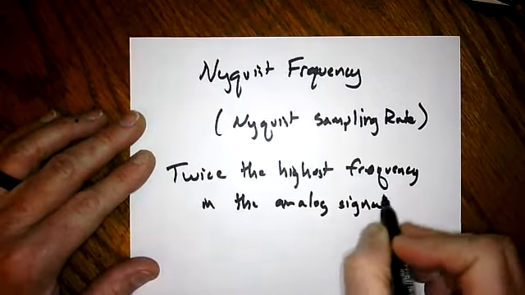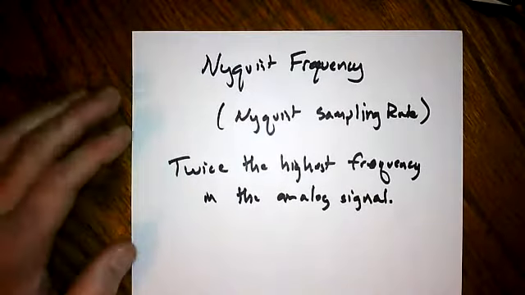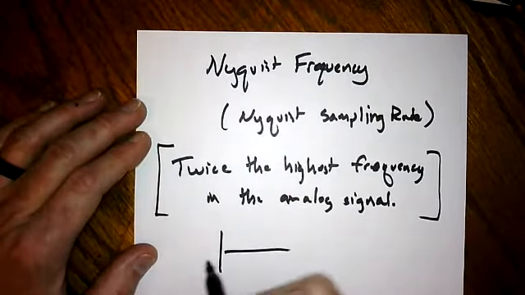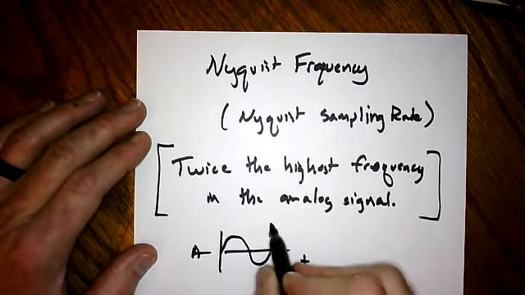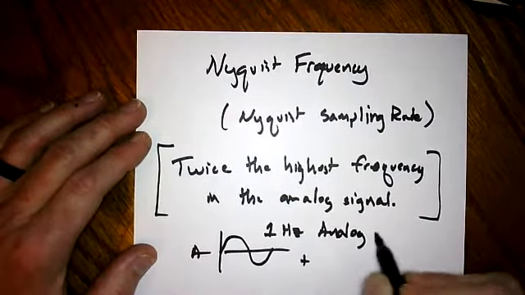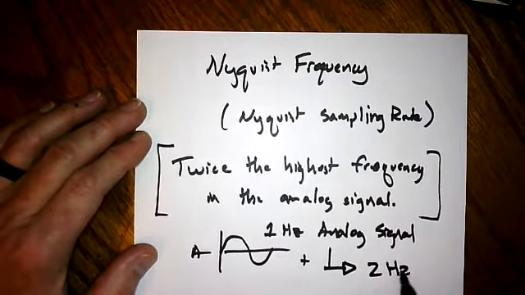Okay, now my brain is also thinking ahead and I need to explain what that means. But right now we've got a continuous time function of 1 hertz. That's the one we're working with right now. The Nyquist frequency would be 2 hertz.